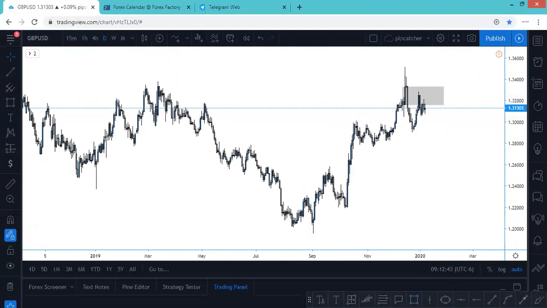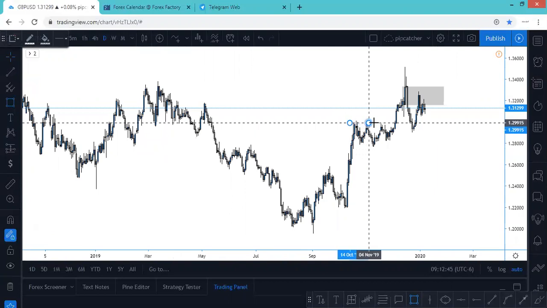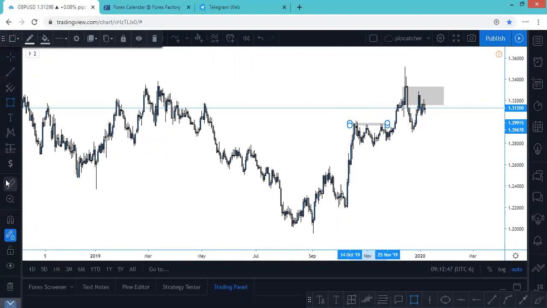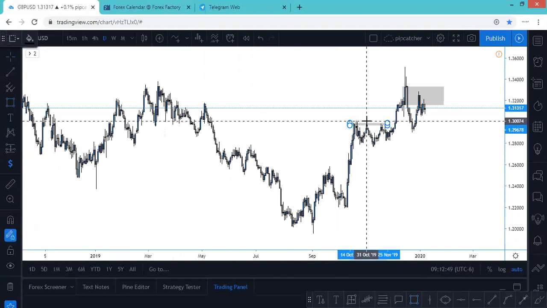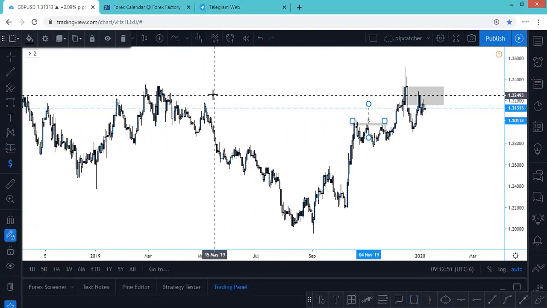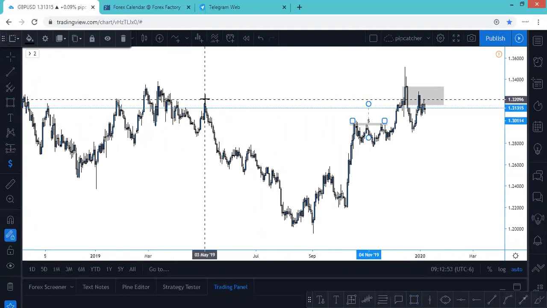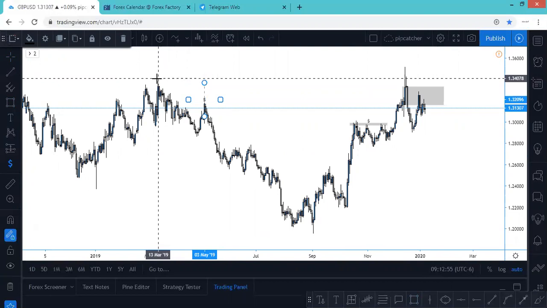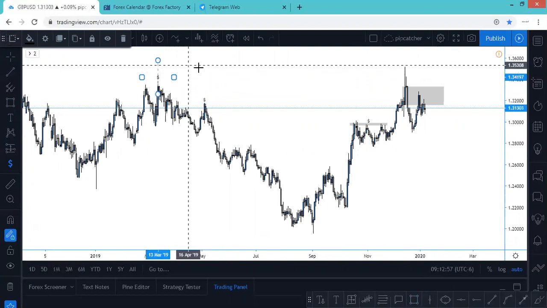We have liquidity here, right? So you could say that liquidity got hit here, liquidity got hit here, and liquidity definitely got hit up here.